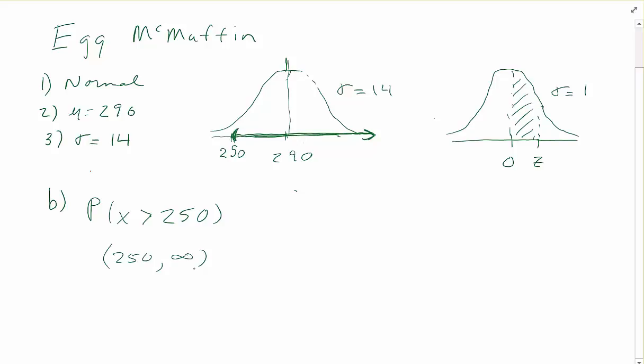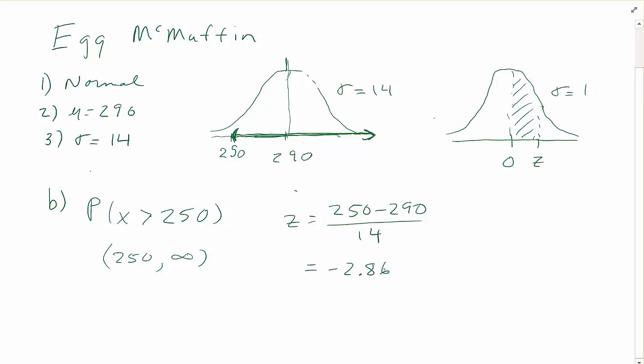And to solve this one, I'm going to need to get a z-value. So what is the z-score for the endpoint here, the 250? So subtract the mean. How far away is that 250 from the mean, in standard deviation units? So that turns out to be minus 2.86.